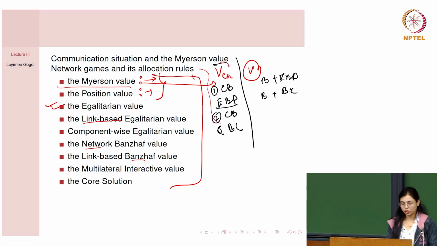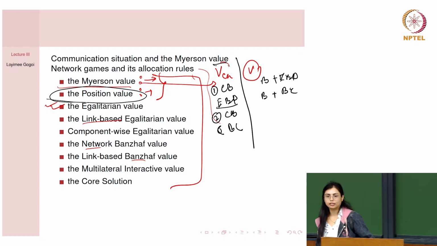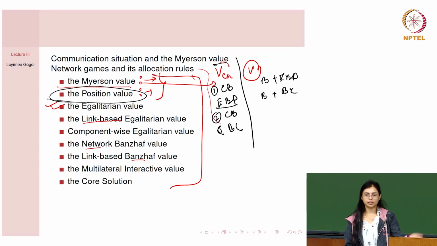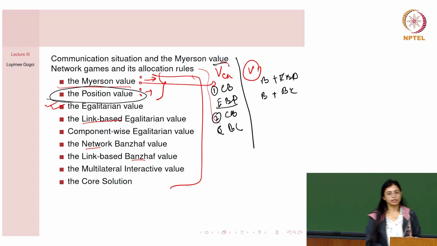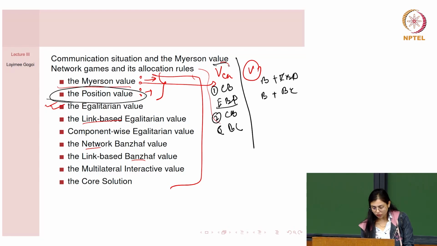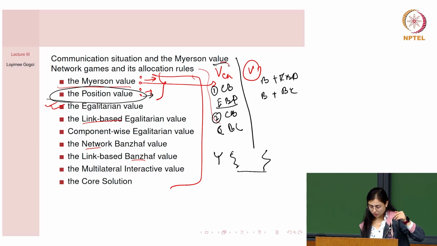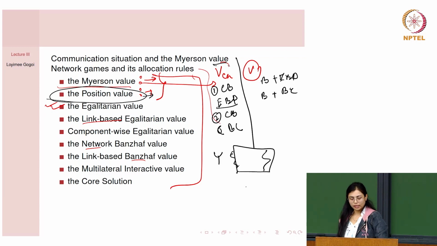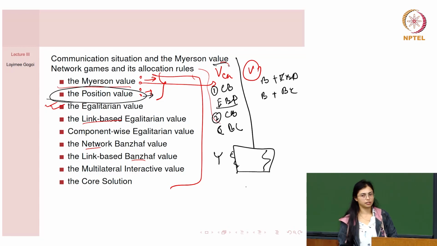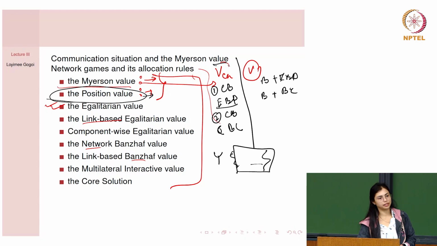Similarly for the position value we can have two or three kinds of axiomatization. As I mentioned, axiomatization means there is a particular set of properties that is satisfied only by this allocation rule. If an allocation rule Y satisfies one set of axioms, then we can say this is the only allocation rule which satisfies these axioms. There is no other allocation rule which satisfies this particular set of axioms, right.